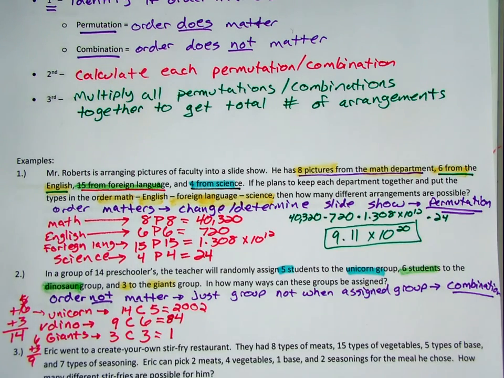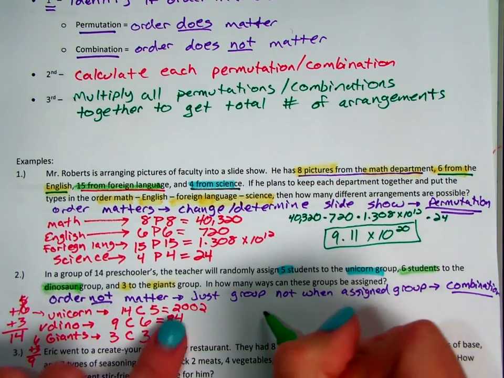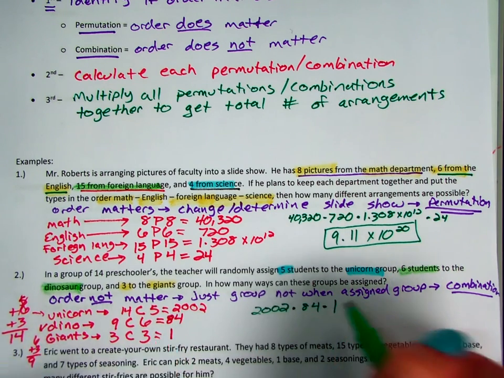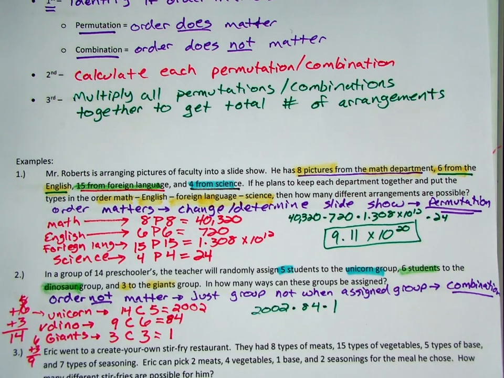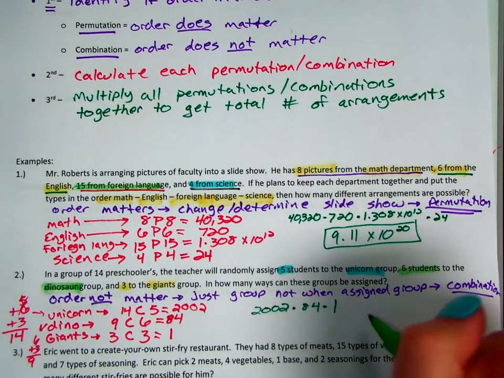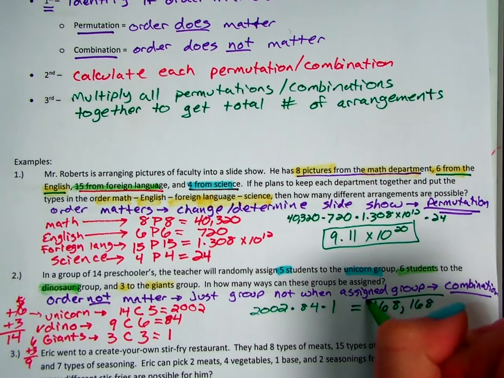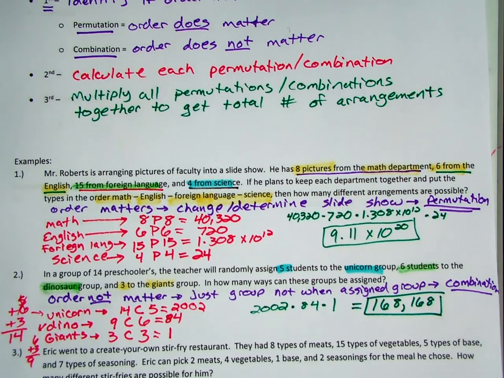And now that we've got those, we're going to take each one and multiply them together. So 2002 times 84 times 1 is 168,168. So that's how many ways there are to assign those preschoolers to their groups.